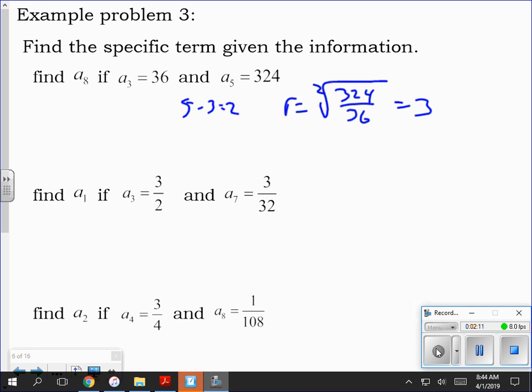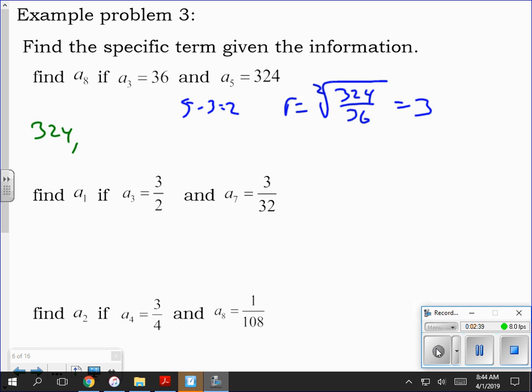You could put it in the formula, but I'm going to tell you, to put it in the formula and to move over, it's really a complicated, nasty formula. You don't want to do that. The easier thing to do is to either move up or back by multiplying or dividing by 3, however many spaces we need. So, for example, I am given in this one a sub 5, 324.